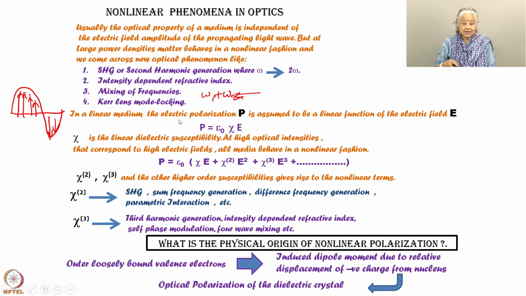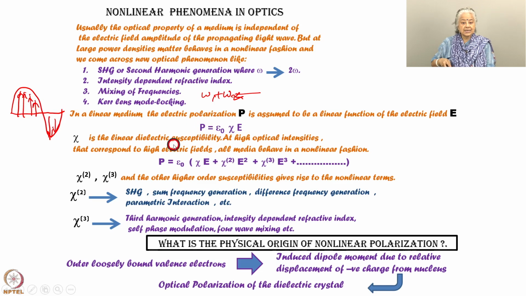Okay. In a linear medium, the electric polarization P is assumed to be a linear function of the electric field E. You know this. Okay. And it is described as P is equal to epsilon 0 chi E. You have come across this formula in electrodynamics many times. So, the polarization happens because there is an electric field, and because there is light incident on the medium, there is an electric field associated with it, and so there is a polarization also that is taking place in the medium.